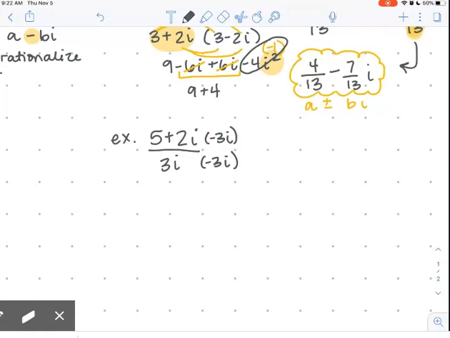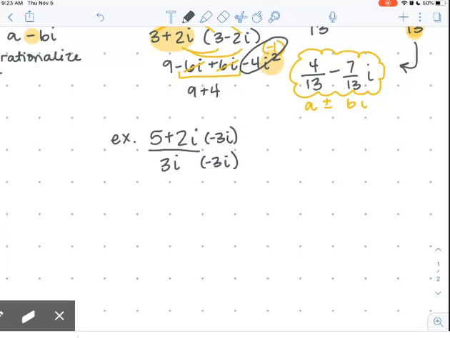I'm trying to think, I feel like you could just multiply by positive 3i as well, if your goal is just to get rid of the i. I feel like you could do either. Don't you think?